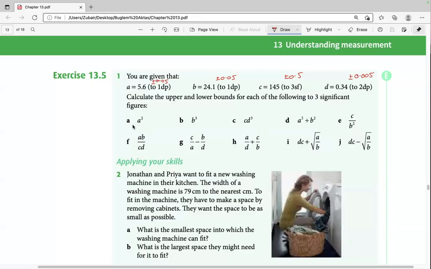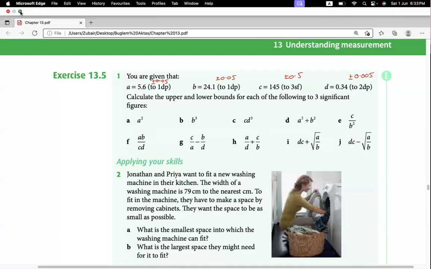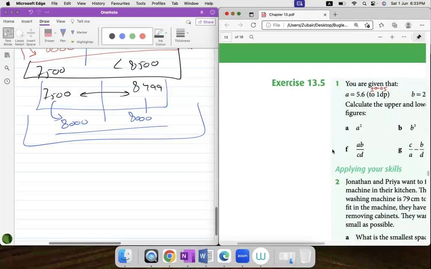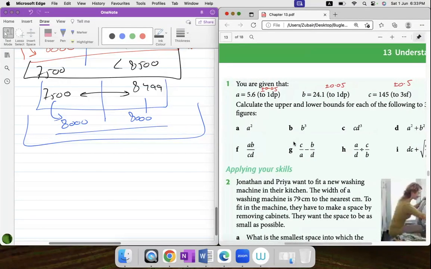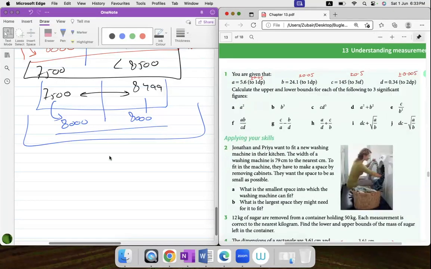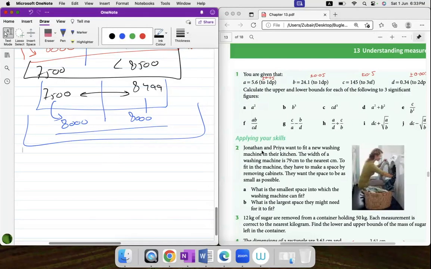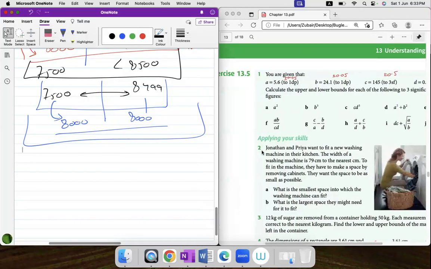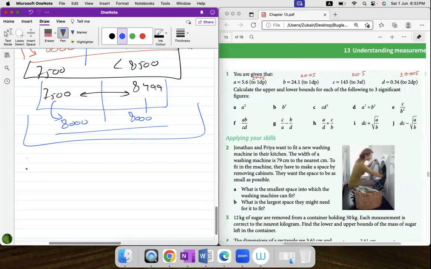So straight away for a square, we use the added values. Let me use this base. 5.65 would be the upper boundary, and 5.55 would be lower.